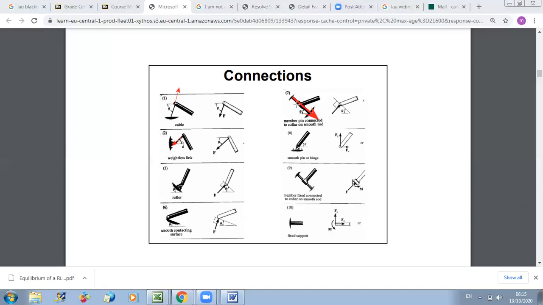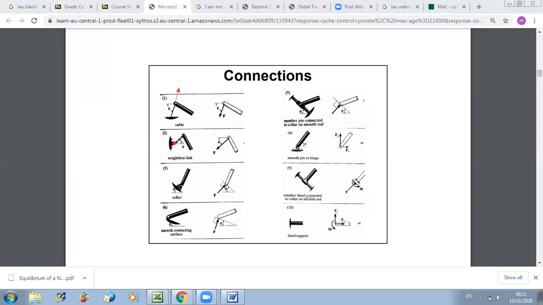No resistance of motion in this direction. So you can only have a resistance along this one. This is why, because the collar can slide, you will not have an X force, you will only have a reaction perpendicular to motion, which is Y. And since it's a pin, you can already rotate, so no resisting couple.